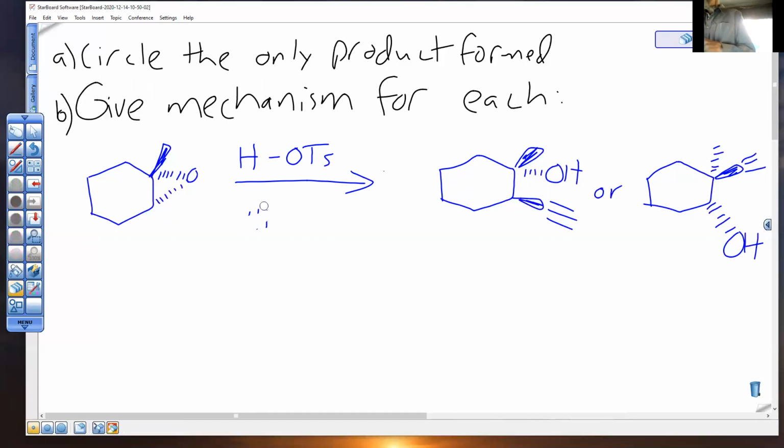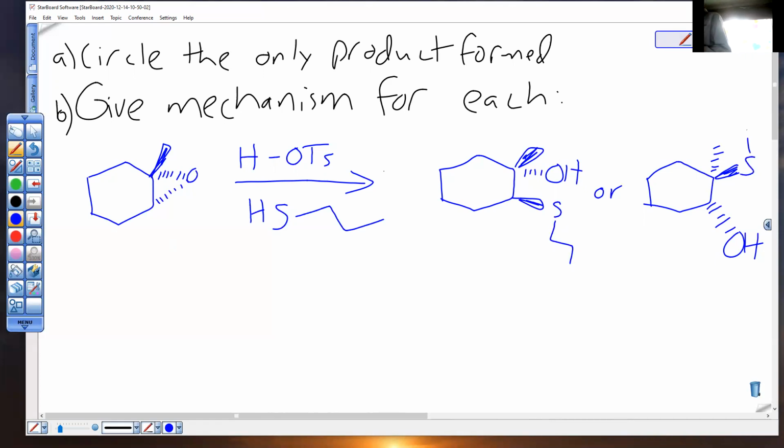Nitrogen's not a good choice. There we go. Stinky propane thiol. And propyls here. S-propyls. Almost redid my typo from the exam.